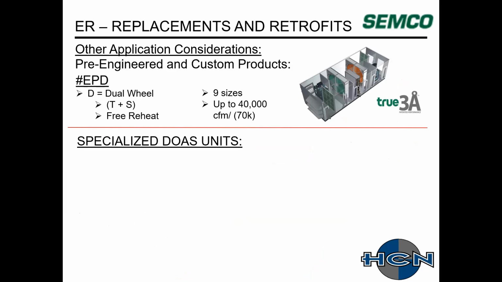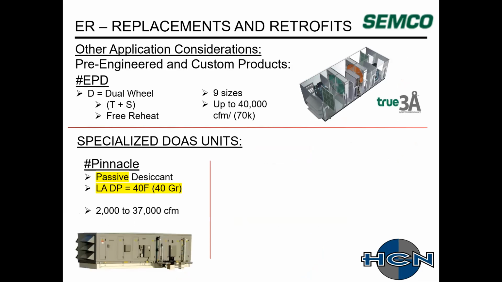And then the last product that Semco has that really probably gets away from energy recovery is that they do have 2 specialized DOAS units. The first is a Pinnacle. It uses a passive desiccant. The leaving air dew point that I've highlighted is 40 degrees or 40 grains. This is traditionally a little bit lower than what can be effectively achieved with DX for your dehumidification.